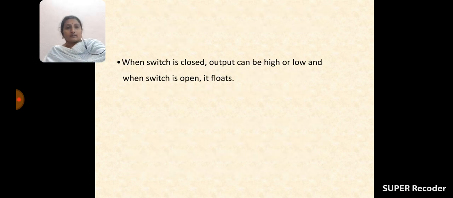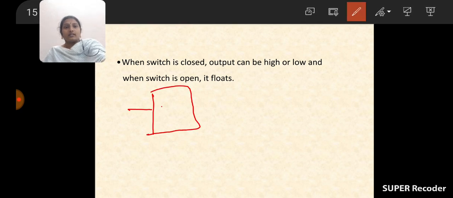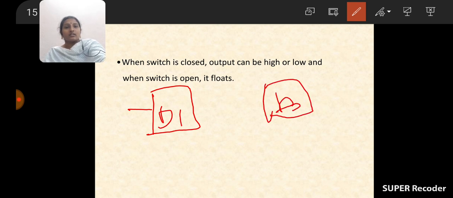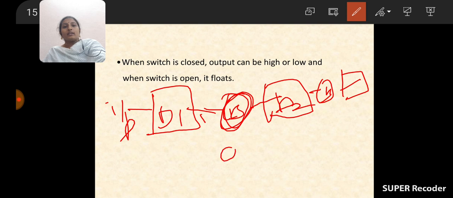See here, for example, one device is there, device 1, and device 2 is there, and device 3 to receive the data. Here we are using one buffer, and here also we are using one buffer. When device 1 is accessed with inputs, this buffer is in open condition.